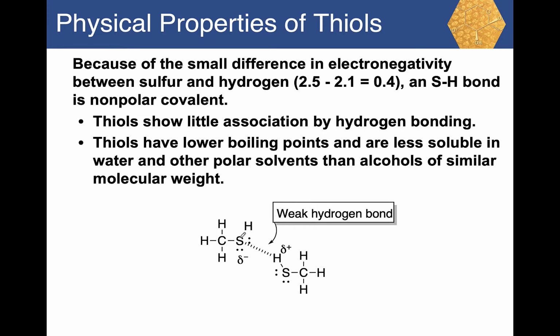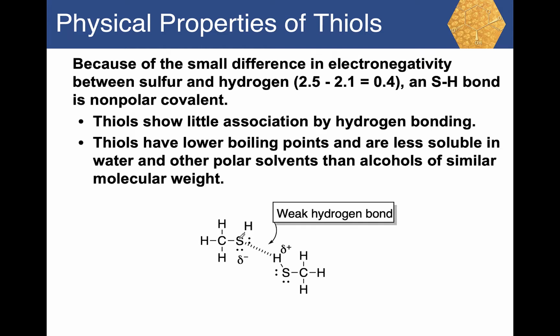So again, sulfur is electronegative, but it is not as electronegative as oxygen. You may recall from looking at the periodic table that fluorine is the most electronegative atom. It is to the extreme top right of your periodic table. So sulfur is below it and to the left of it, so it's not very electronegative.